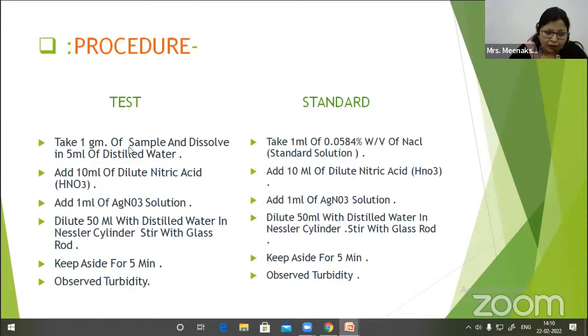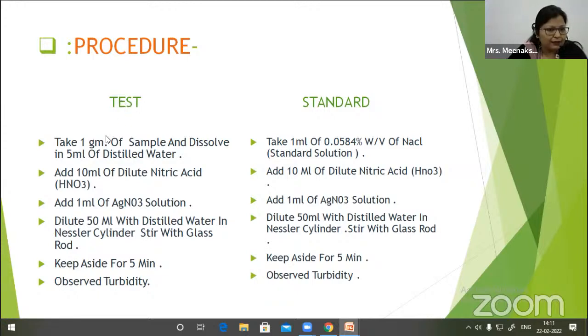Or we can take an unknown sample also. Because the limit test gives you the method to identify, we can take an unknown sample also and perform the various tests to know the amount or to identify chloride, lead, heavy metal, or arsenic, those types of impurities that might be present in the sample. So this procedure is for the limit test for chloride.